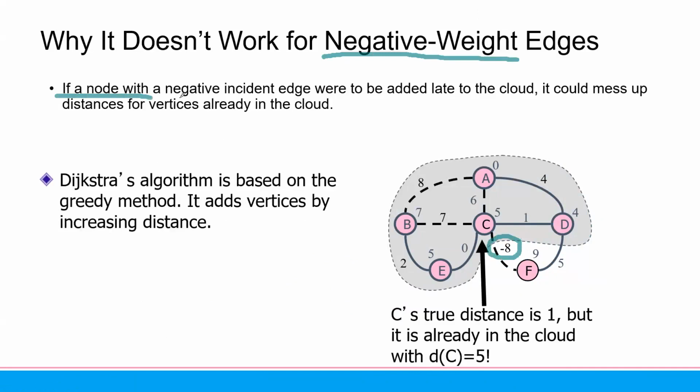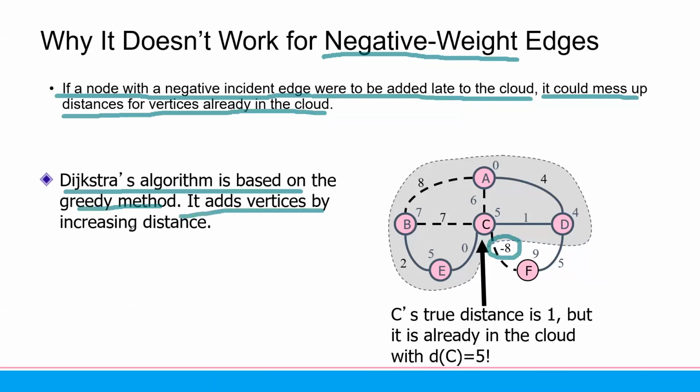If a node with a negative incident edge were to be added late to the cloud, it could mess up distances for vertices already in the cloud. The Dijkstra algorithm is based on the greedy method. It adds vertices by increasing distance. So it will increase and increase whenever we move to the next node.